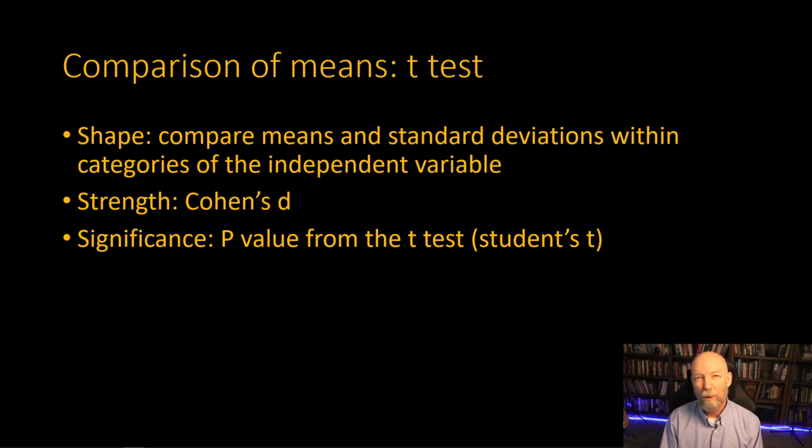But the problem with Cohen's d is that it's kind of hard to figure out exactly where to draw some lines. If you've watched the shape, strength, and significance video, then you'll recall that I talked about two basic kinds of measures of association or correlation. One kind tends to give you a number between 0 and 1, and you tend to use some rules of thumb if you're a beginner at figuring out where the lines are for a small or a moderate or a large relationship.